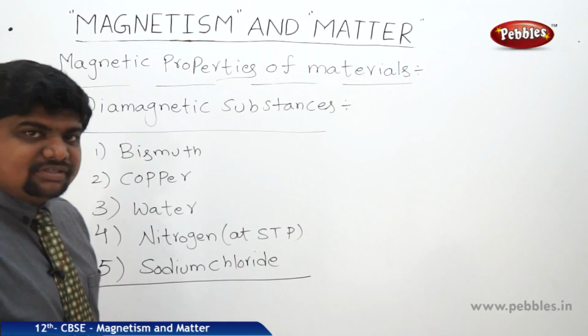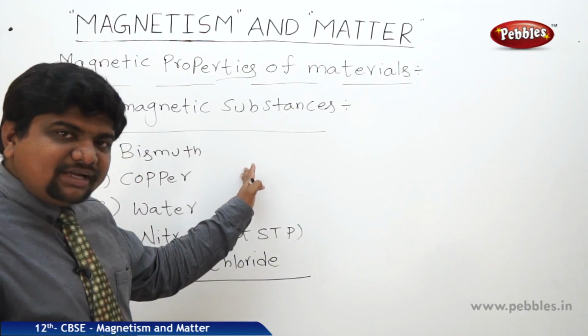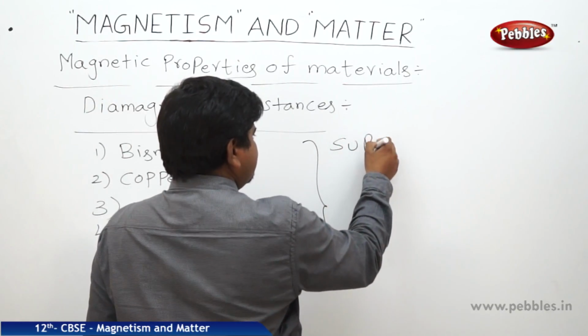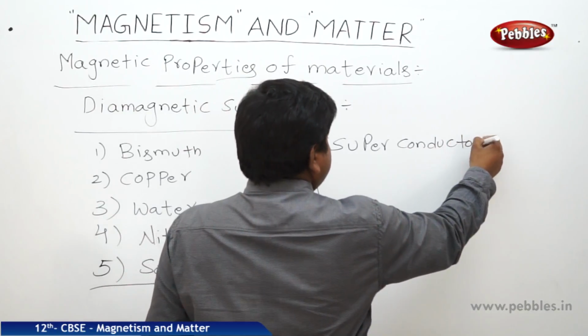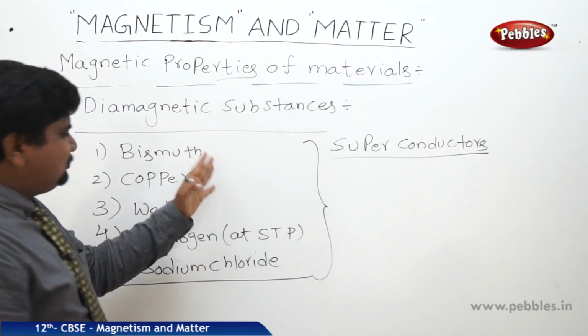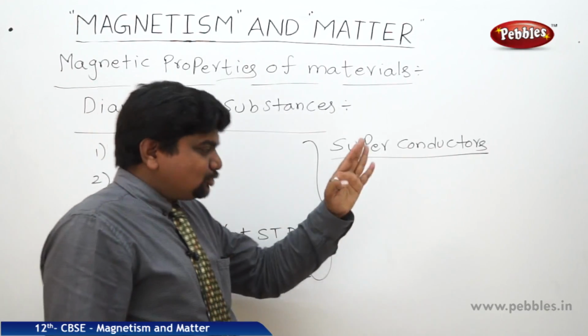These are all the examples of diamagnetic substances. The diamagnets are useful as superconductors also. The best use of the diamagnetic properties of diamagnetic substances is superconductors.